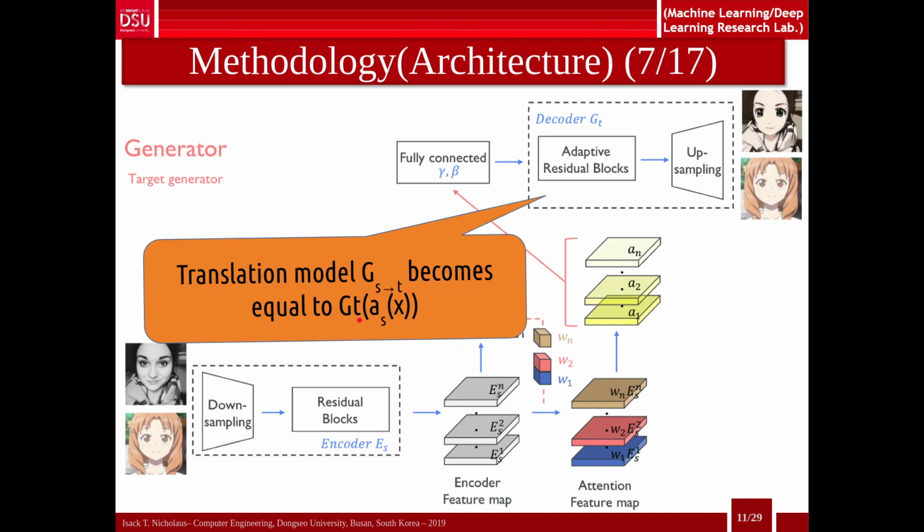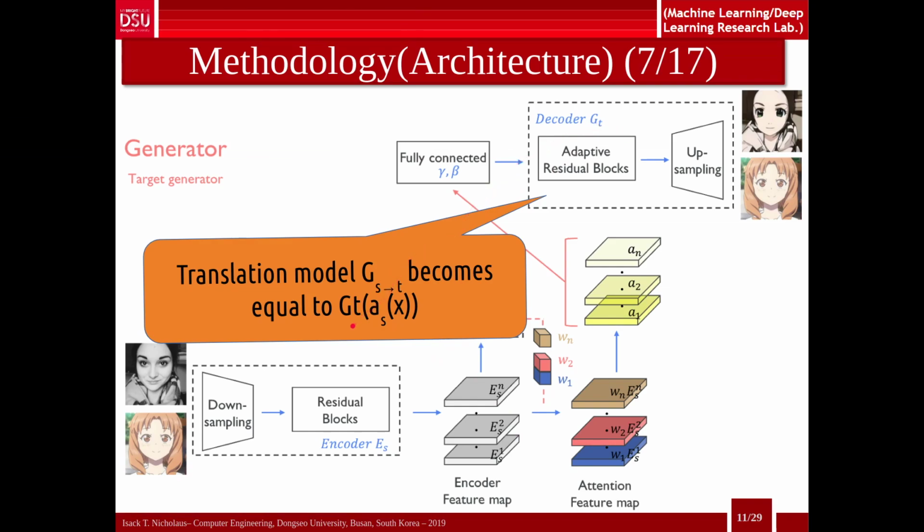So T means target, given the activation map of a certain input. X represents different input, for example, this human face being fed here. Then we get the attention feature map, then use the attention feature map to generate some kind of output.